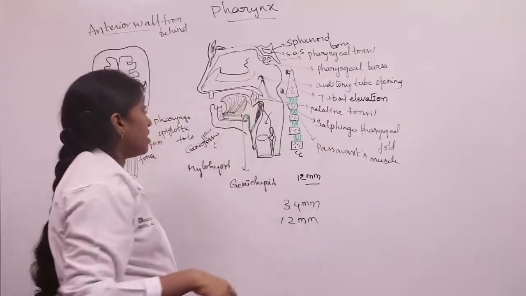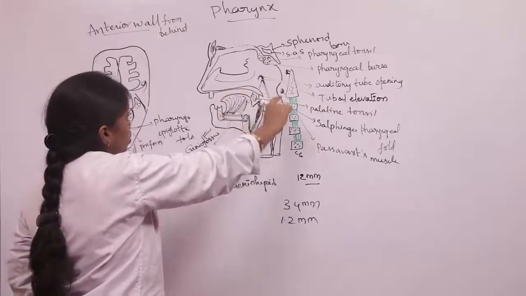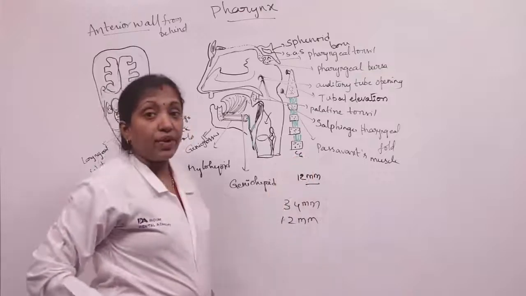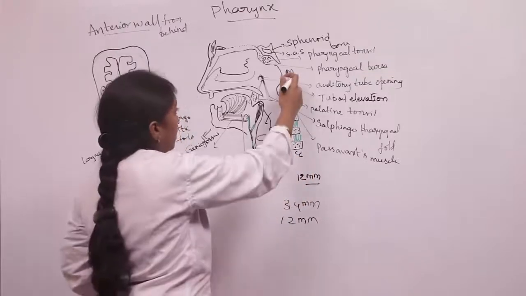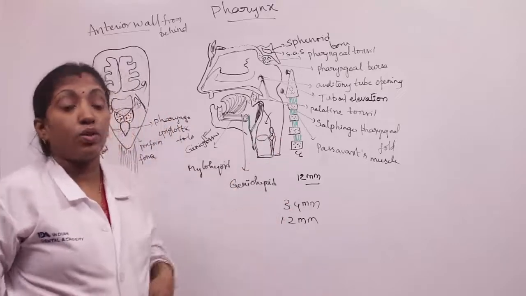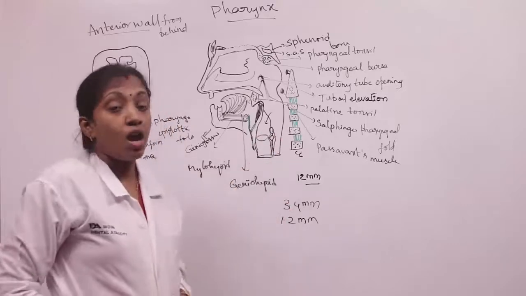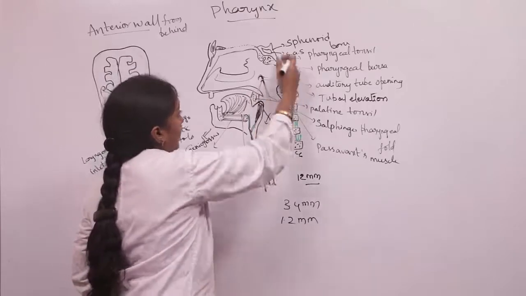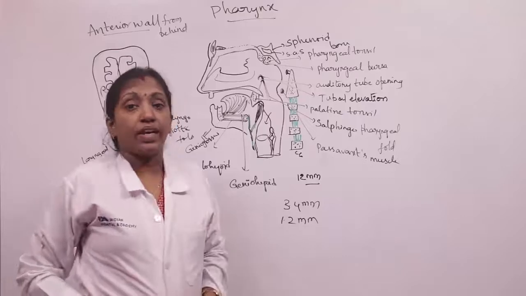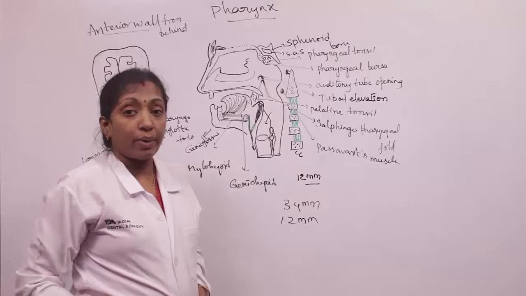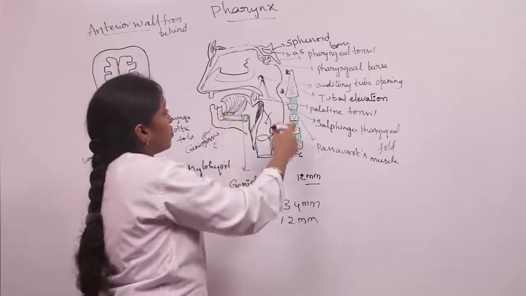Coming to the posterior relations, behind the pharynx it is supported by the upper 6 cervical vertebrae as well as pre and paravertebral muscles. We know that these pre and paravertebral muscles are covered by prevertebral fascia, and there is also the retropharyngeal space and its contents.